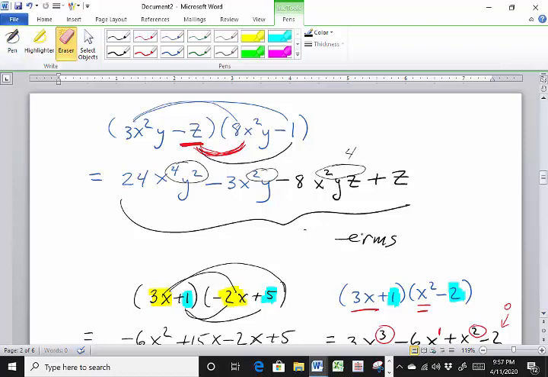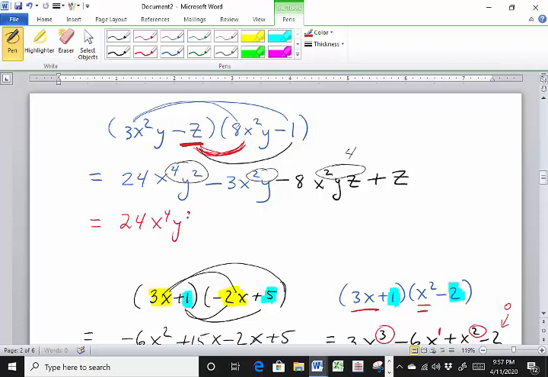So if I erase this and put this in descending order, it would be 24x to the 4th y squared minus 8x squared yz minus 3x squared y, and then plus z. So that's written in descending order. This isn't wrong the way I had it. It's just a common practice in mathematics to express your polynomials in descending order.